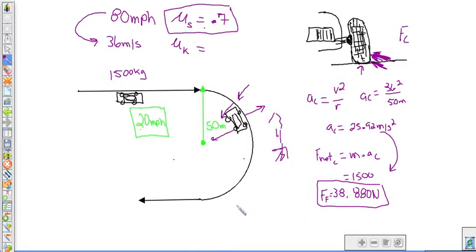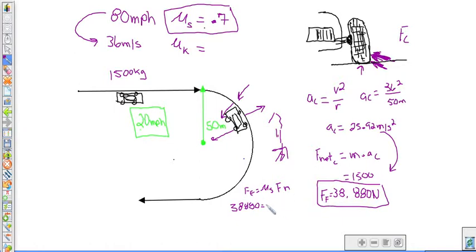We're going to throw this 38,880 number in here, and we know that the friction force equals the coefficient of static friction times the normal force. Oops, I put an M there. It should be an N, not an M, for the normal force.